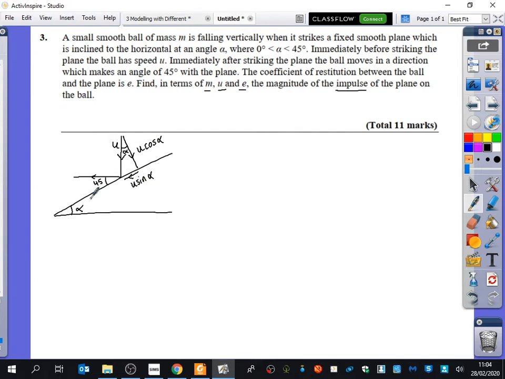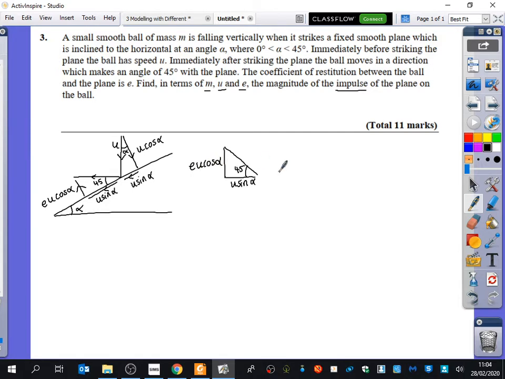Now in this new part of the diagram, running along here will be u sine alpha, and along the side bit is going to be e u cos alpha. Now that we've come up with this construction for this triangle, they have told us that it is 45 degrees, and we know something special about u sine alpha and e u cos alpha.